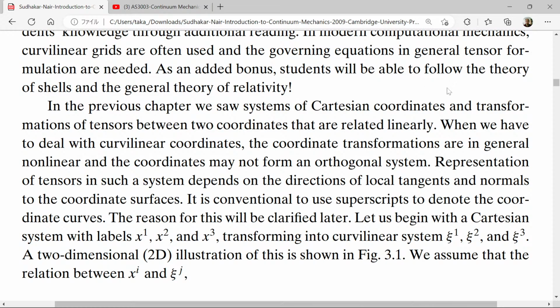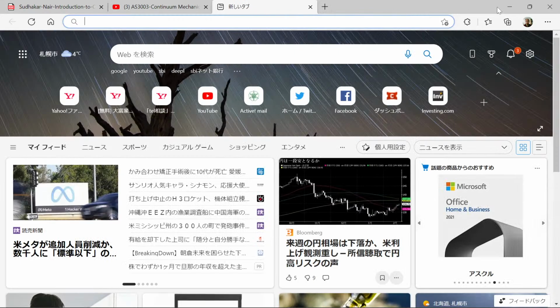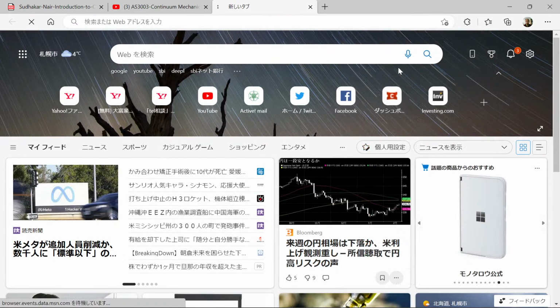Theory of shells. What is this? What is the theory of shells? Theory of shells.